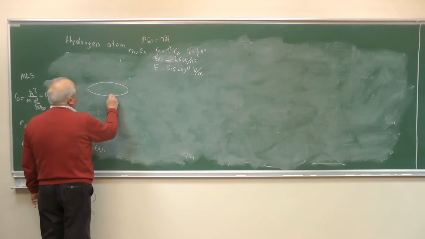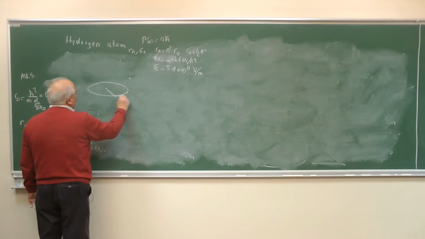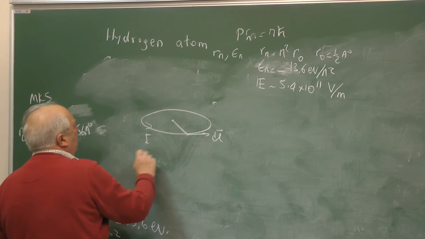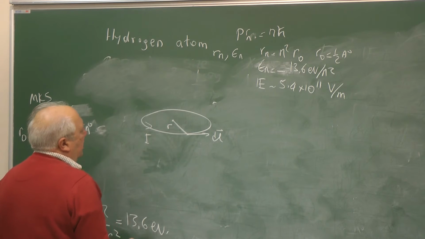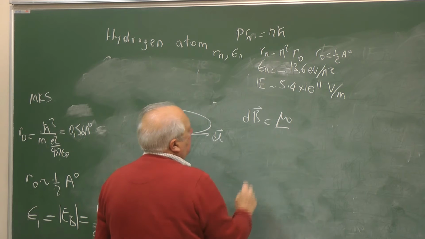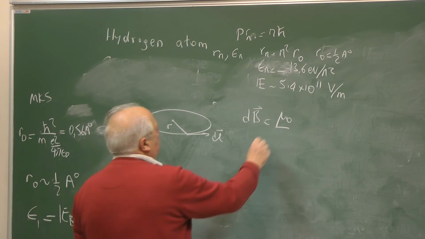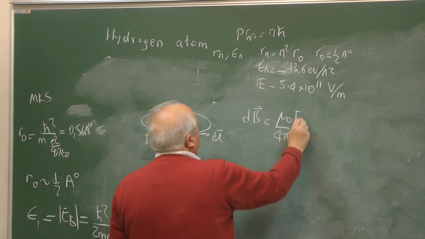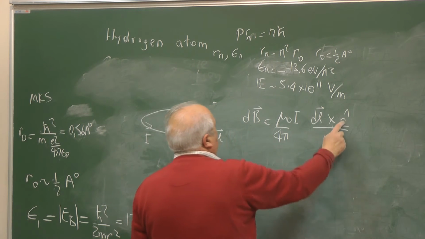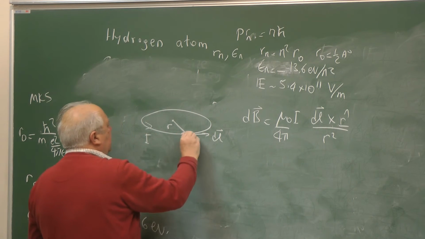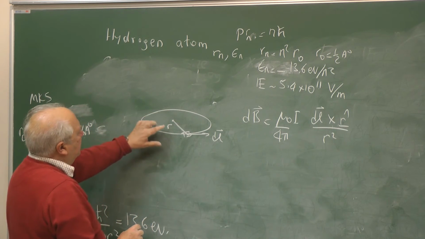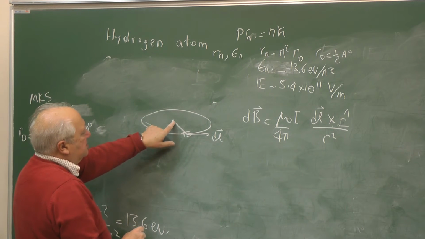So if the current is I, this is R, this is dl, direction of the current, and the Biot-Savart law gives dB is equal to mu 0 over 4 pi, I dl cross R over R square. Again, we are in the MKS units.